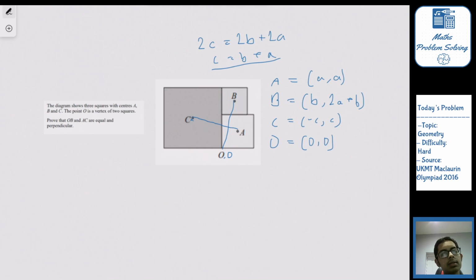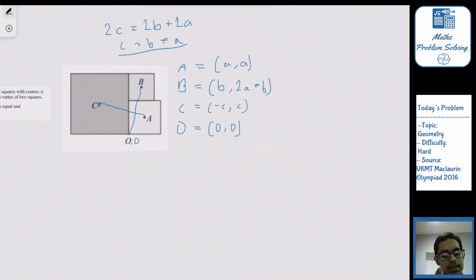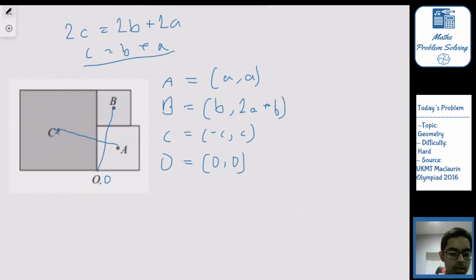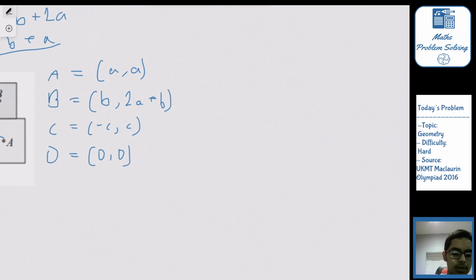So now we need to find the gradient of AC and BO. Let's start by working out the gradient of AC. So m of AC equals the change in y divided by the change in x.